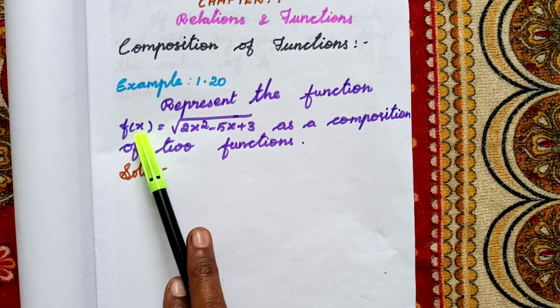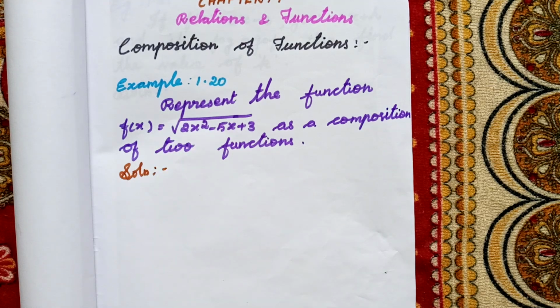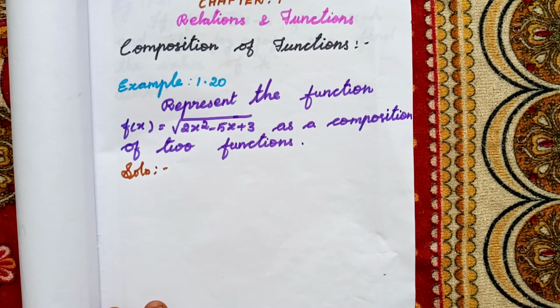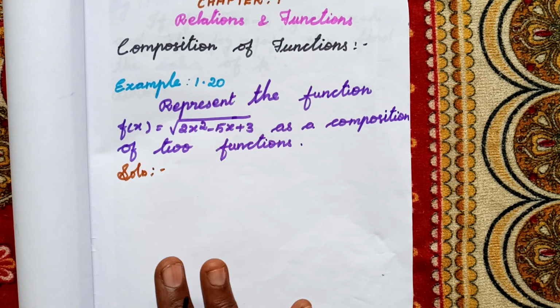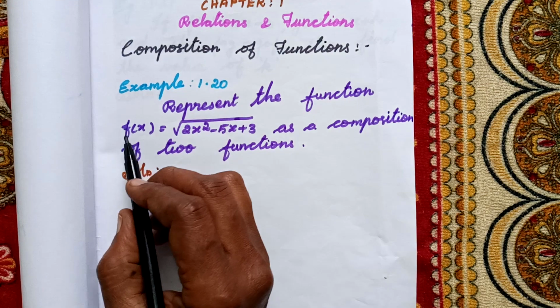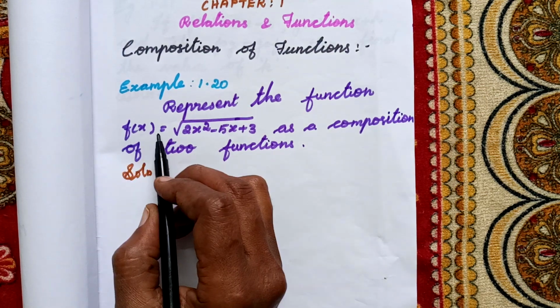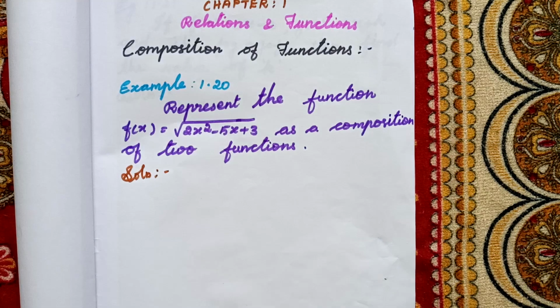Represent the function f(x) = √(2x² − 5x + 3) as a composition of two functions.